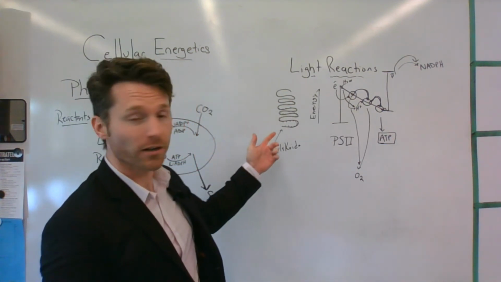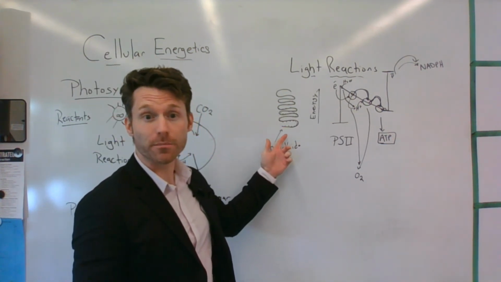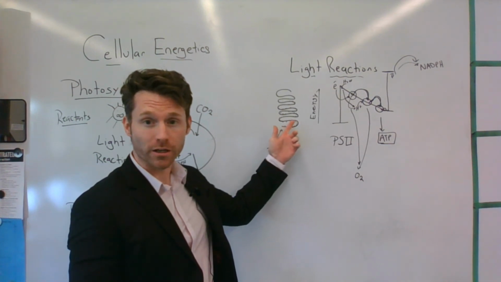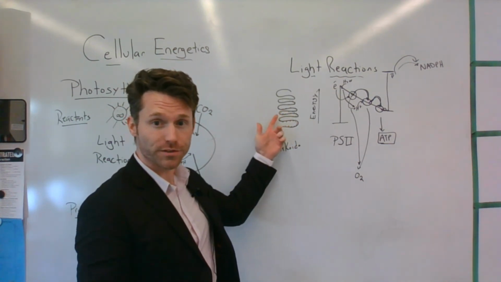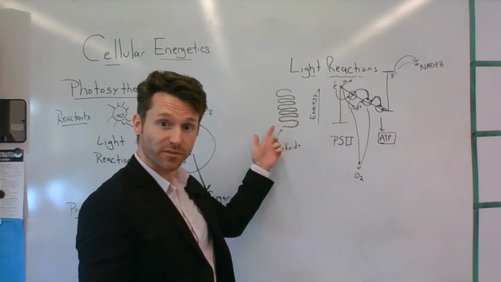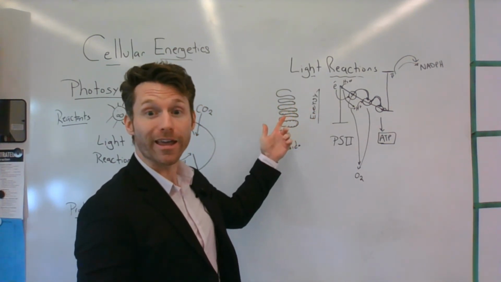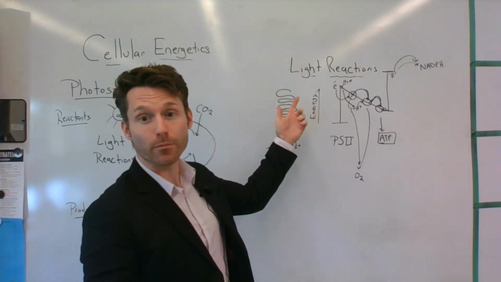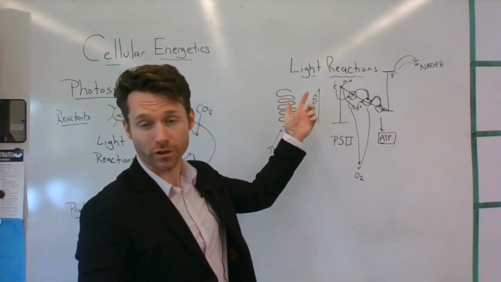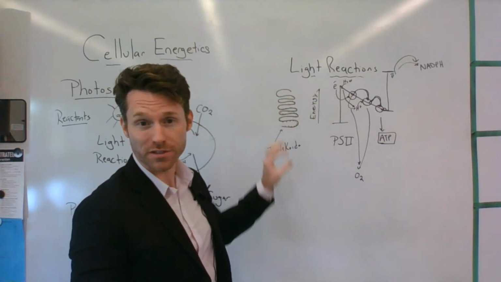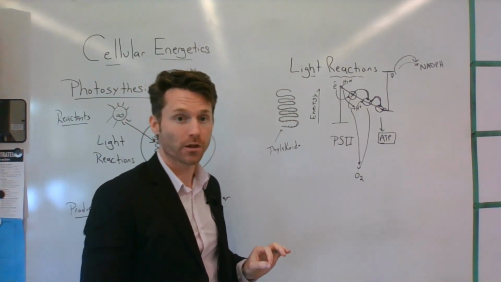We have to understand that the chlorophyll is embedded in the membrane of the thylakoid folds. And so having all of these folds allows it to have more chlorophyll, and it allows a membrane space for these reactions to occur. So the increase in surface area is very important here.